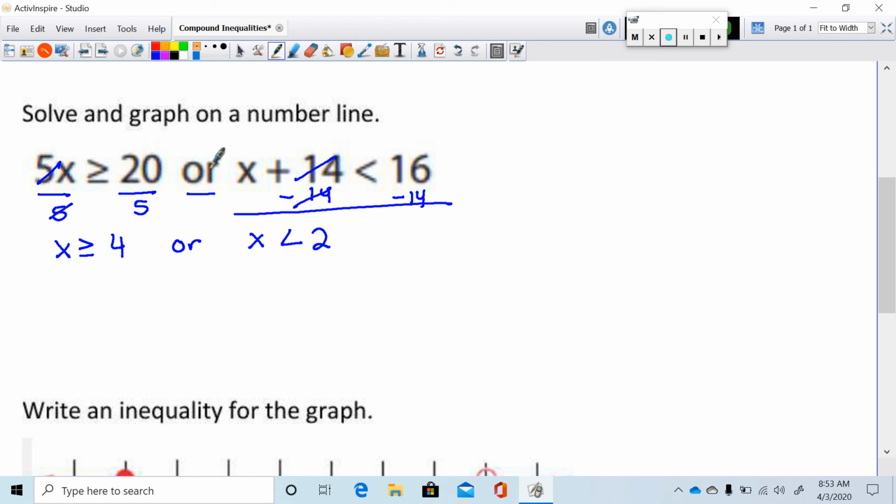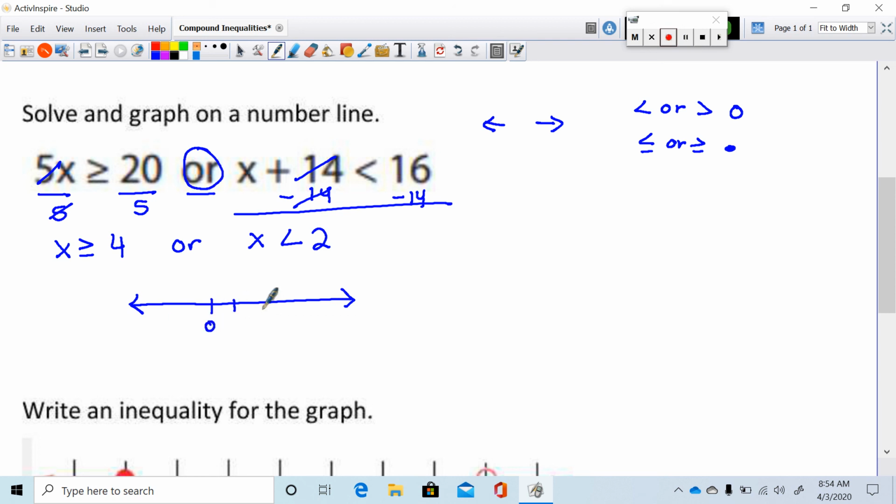Now this is an or problem, so my graph is going to be separated. However, you have to be careful with what kind of dots you use. If the inequality is not underlined, you use an open circle. If it is underlined, you're going to use a closed circle. So I'm going to draw my number line, and I always show 0, 2, 4.